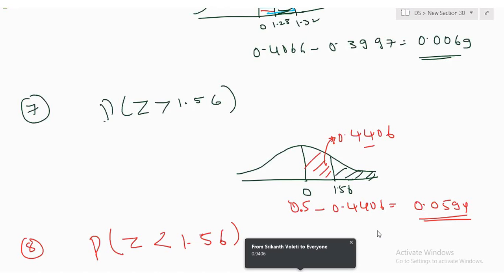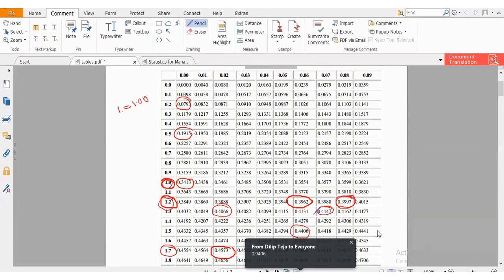I am not talking about the interpretation so far. This is a very, very important concept.